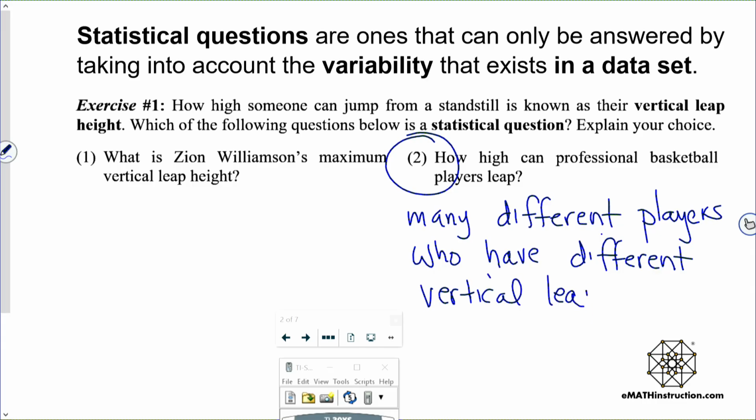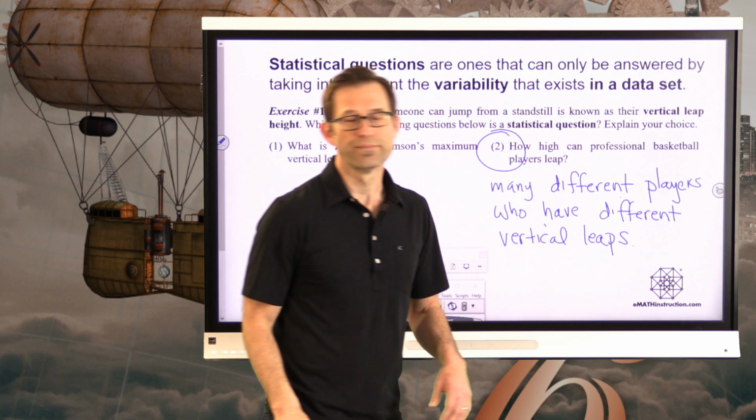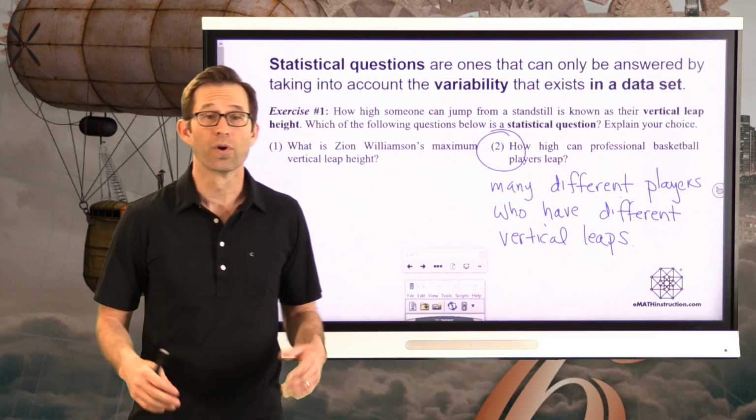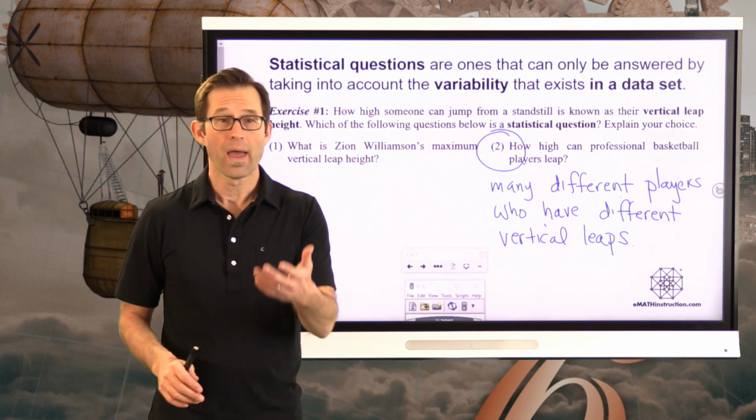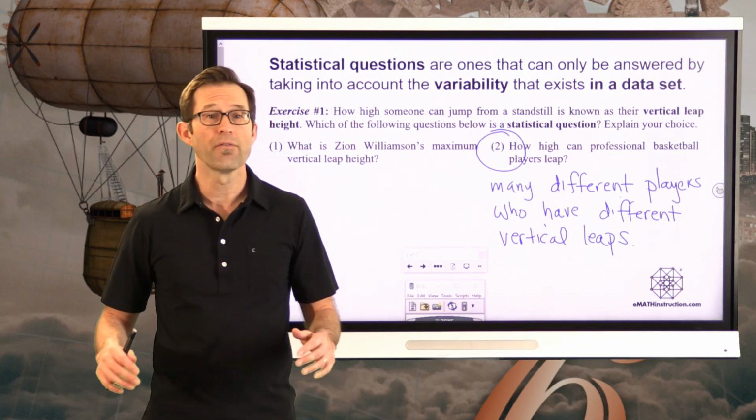I'm not much of a basketball player, and my vertical leap is very, very small. That may be the same for you, or you might have a very high vertical leap.